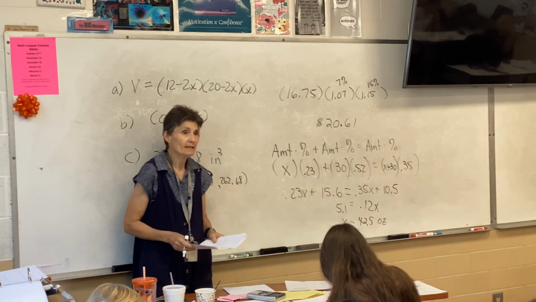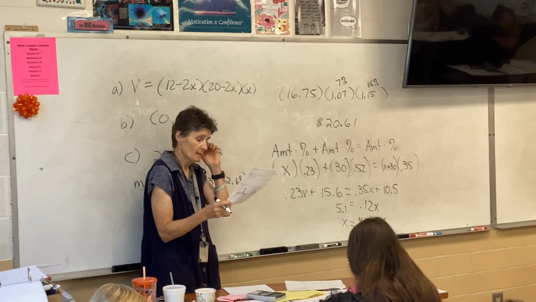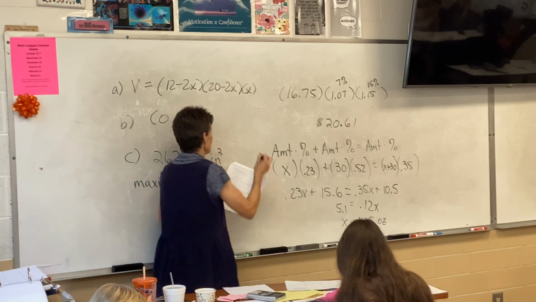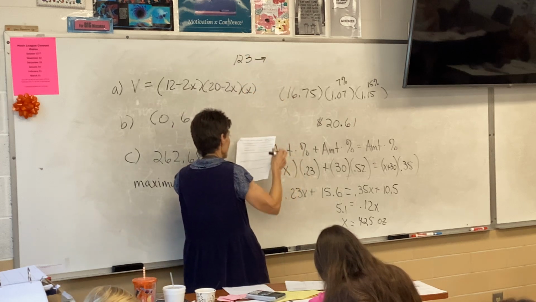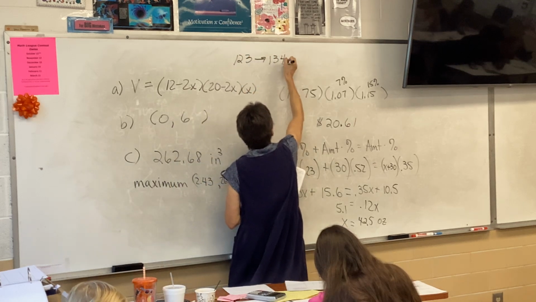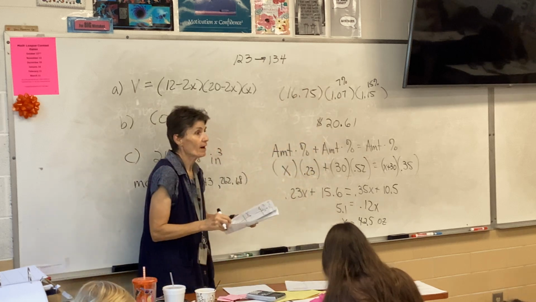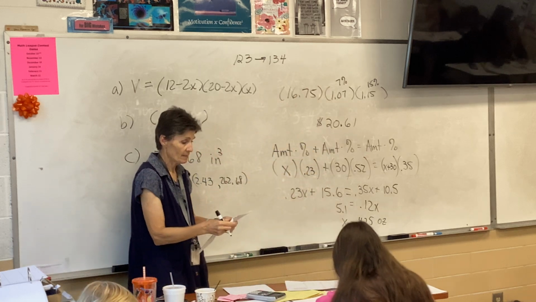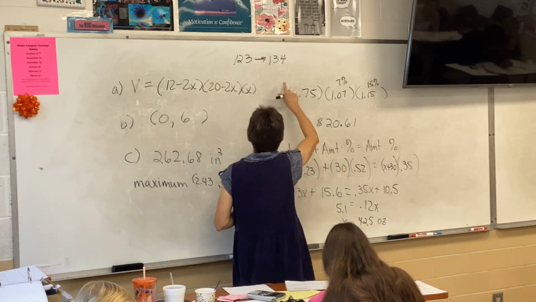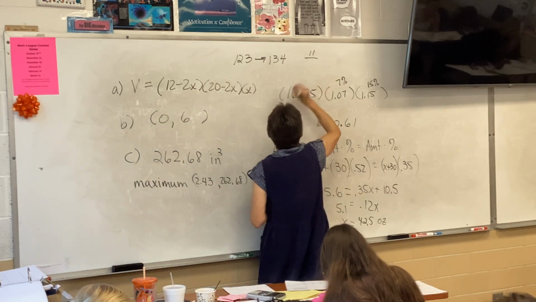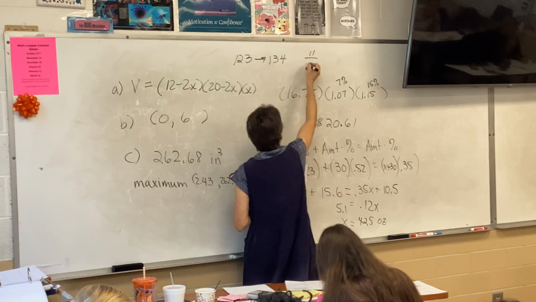All right, and finally, last year's problem. Last year, our book cost 123. Now, it costs 134. How do I find the percent of change, which is what, 11 over original?